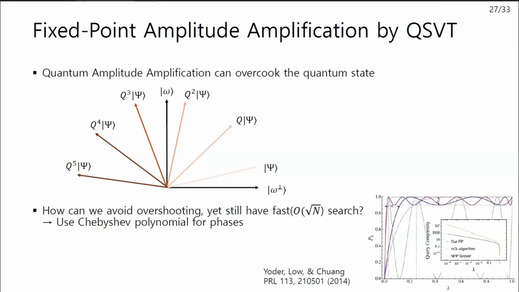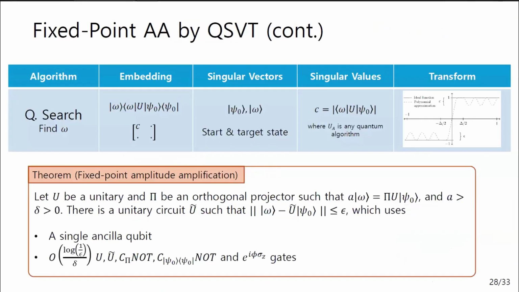And you can see the purple or blue line, which stays closer to 1 even though we apply quantum gates again and again. So this is fixed point amplitude amplification.